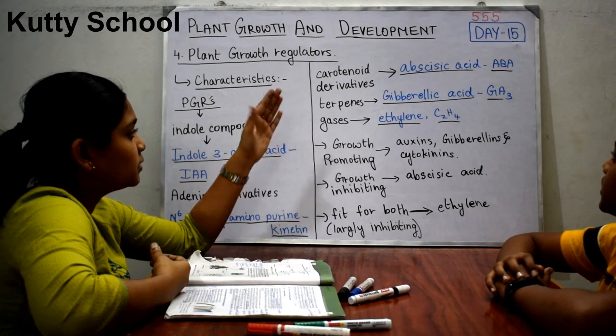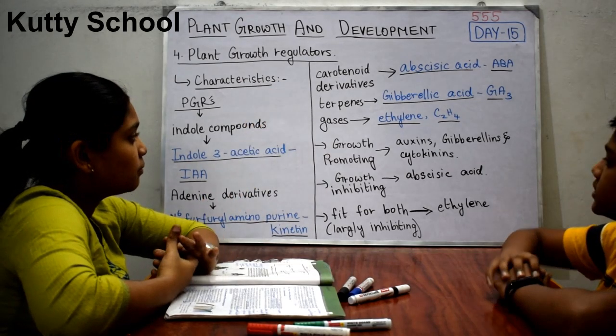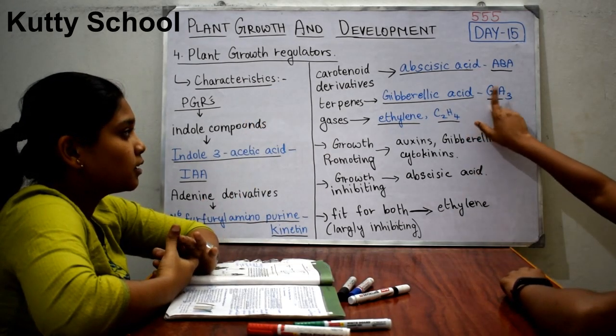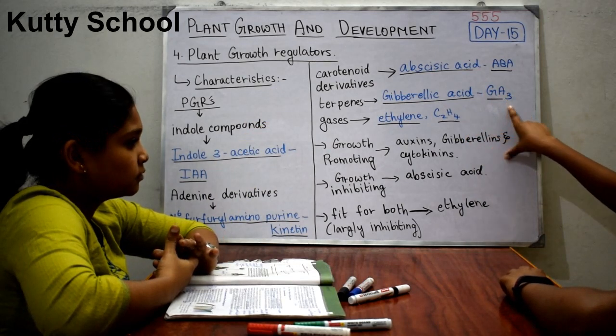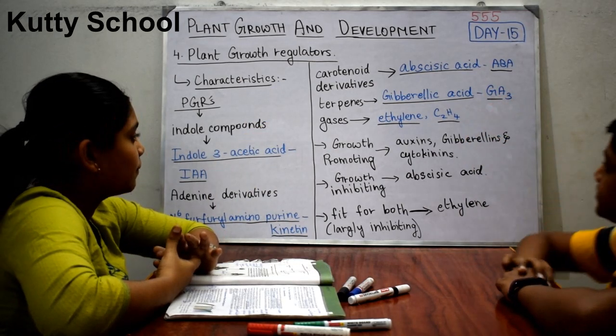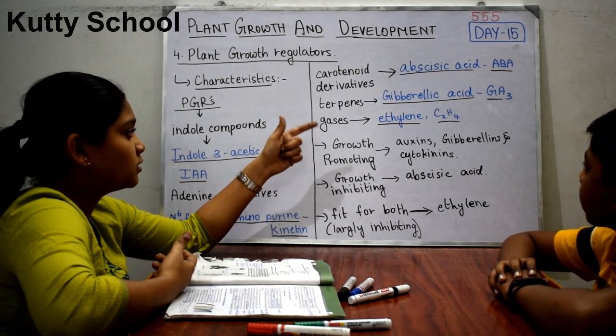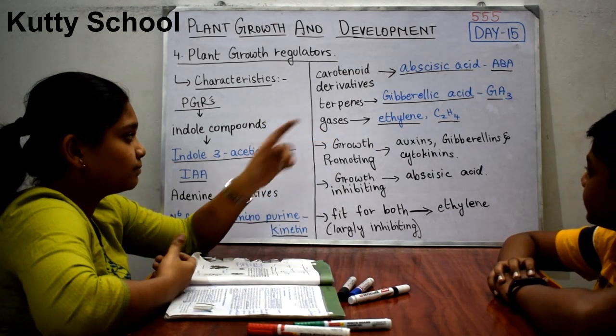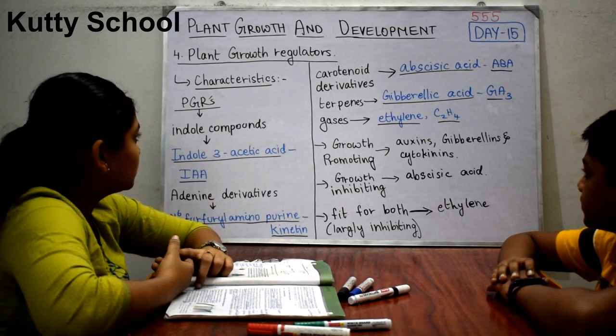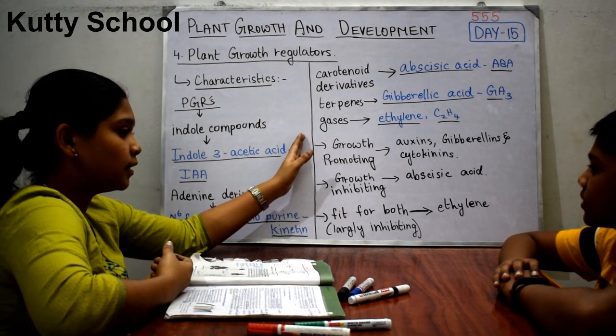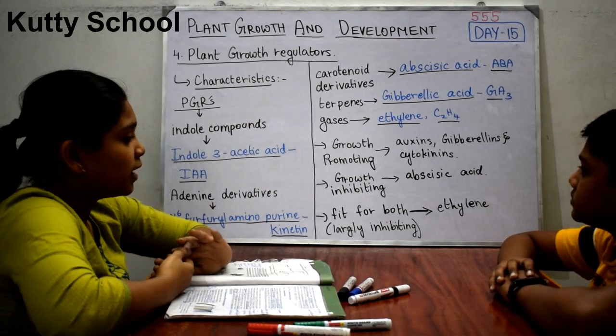Gibberellic acids are made up of terpenes, gibberellic acid 3, GA3. And then gases, these hormones are in gaseous form. Gases, ethylene, C2H4. These are generally the plant growth regulators which are found in plants.